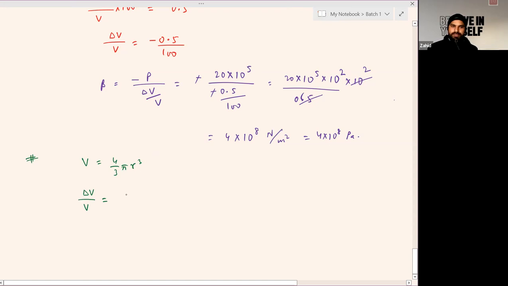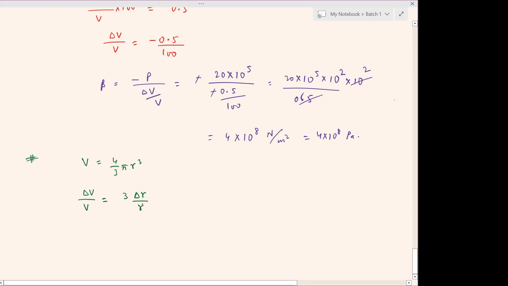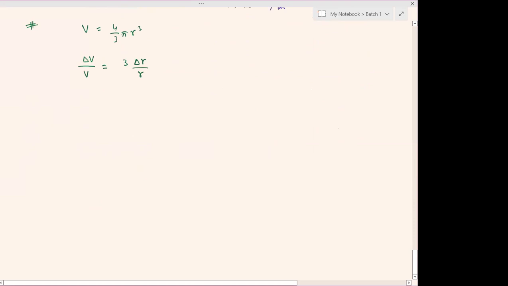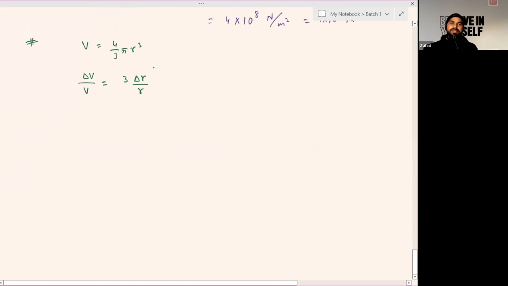R raised to 3, so the exponent moves to become its coefficient. So we may write it as 3 delta R by R. Is it clear? Hamza, is it clear? Yes, sir. Okay.